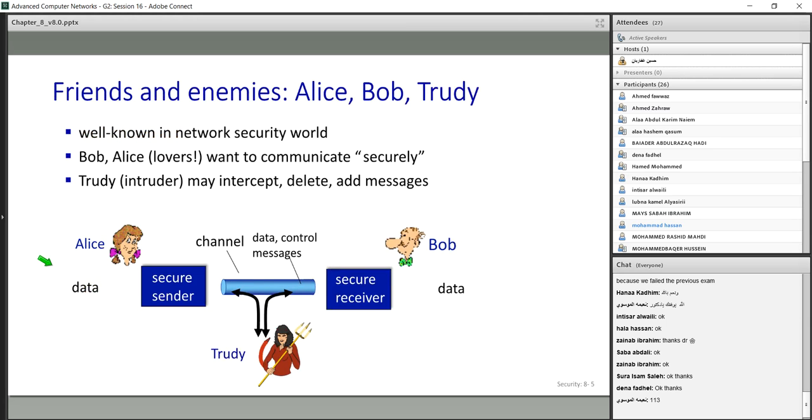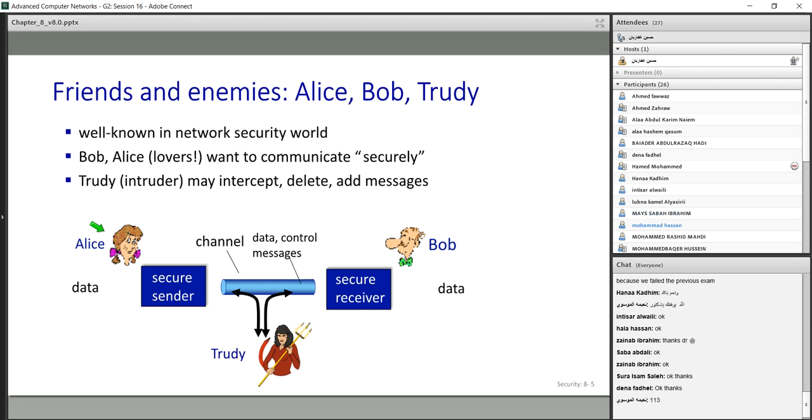So let me start with these items here. And firstly, let me start with Alice and Bob, two lovers. Alice and Bob. In Farsi, Khosrow and Shirin, or Layli and Majnun.